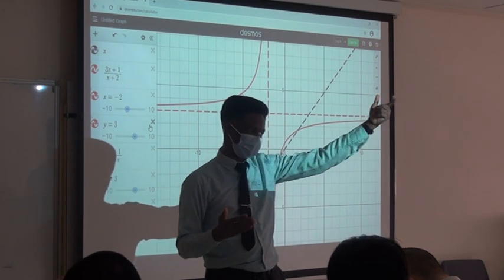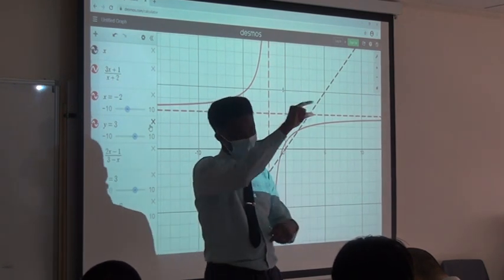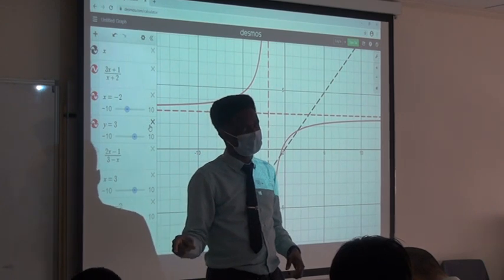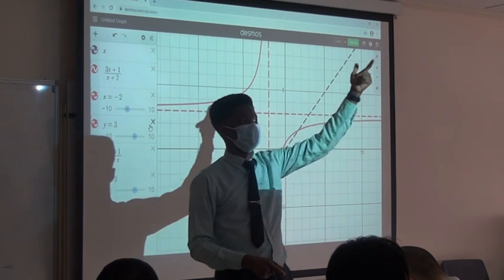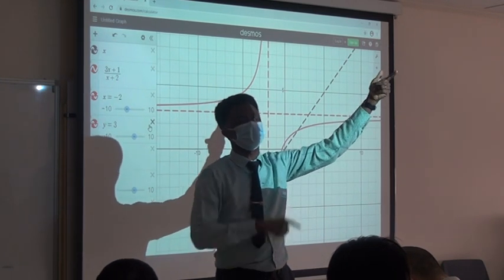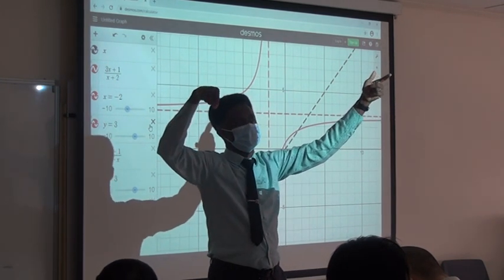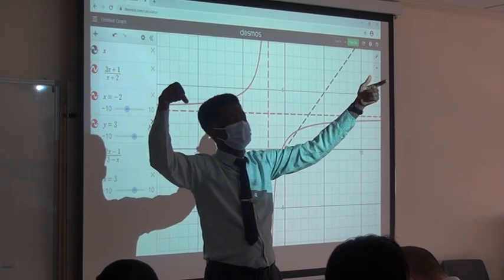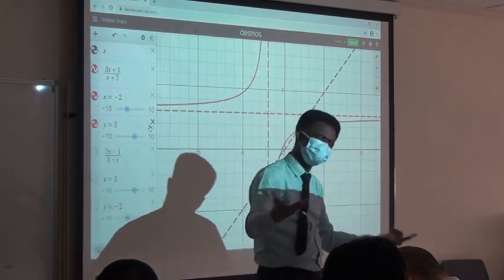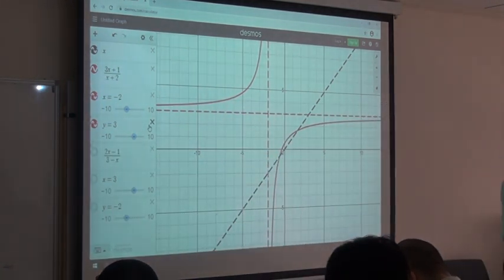Remember, vertical is x, horizontal is y, but the same a comes back. And similarly, if the horizontal asymptote of the function is y equals b, then the vertical asymptote of the inverse will be x equals b. That's a very good way to present something. Not the interchange. Who are they?